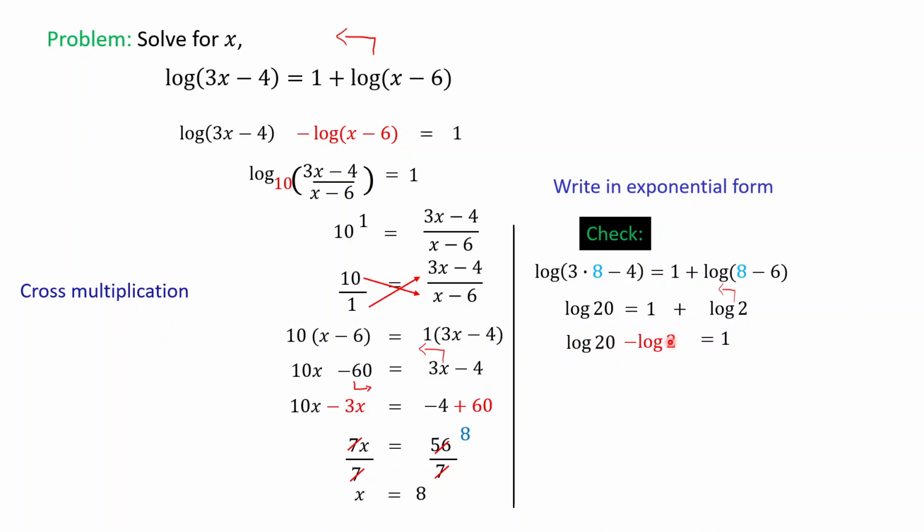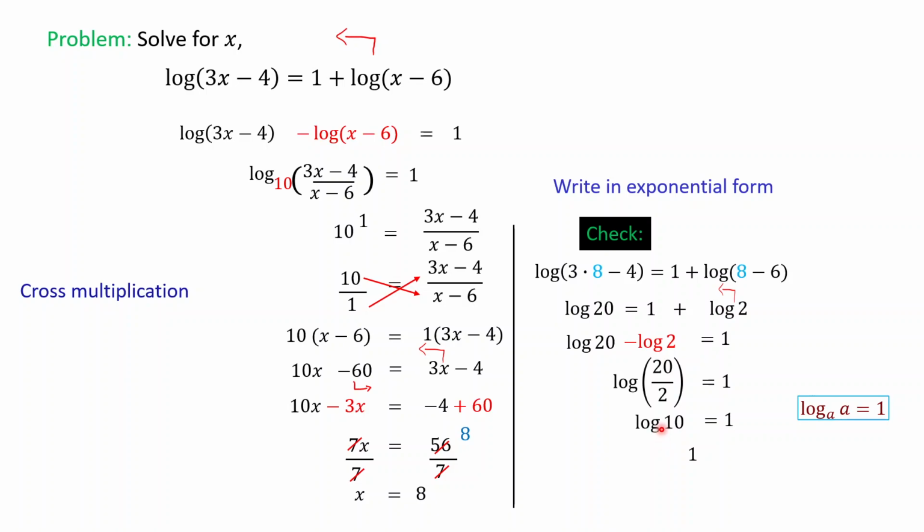So now write this as a single logarithm. You get log 20, and since it is minus, you need to divide this. 20 divided by 2, that is equal to 10, so you get log 10 is equal to 1. Log 10 is 1 because log base a of a is 1.